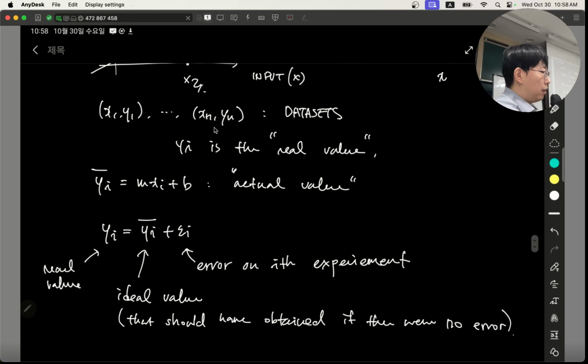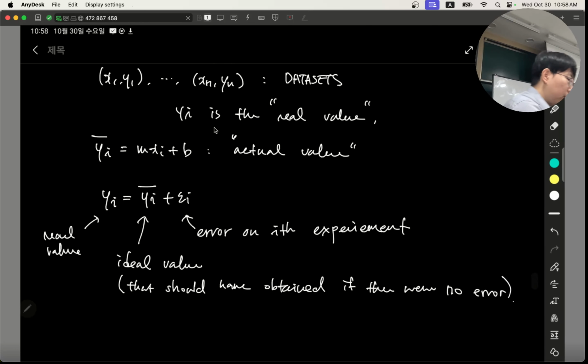So now we have to deal with what we have, the yi without bar. What we have to do is find the m and b, which gives the yi bar for every index i, which minimize this error epsilon i as much as possible.